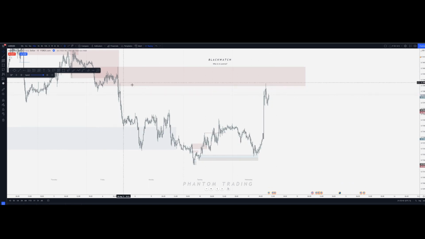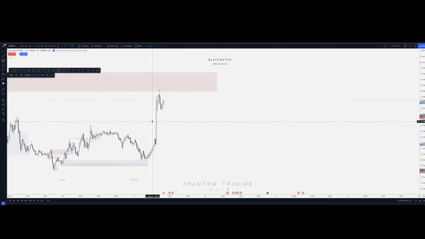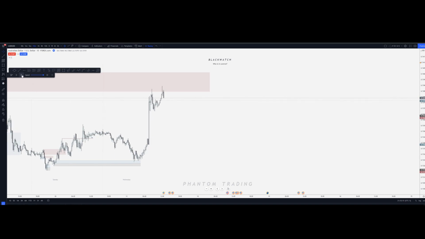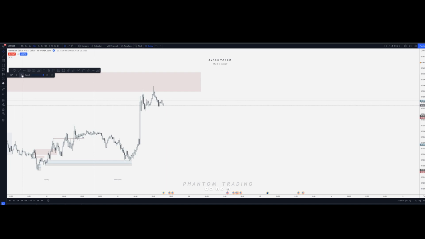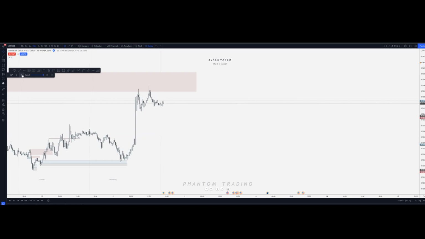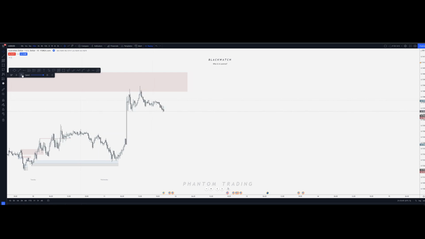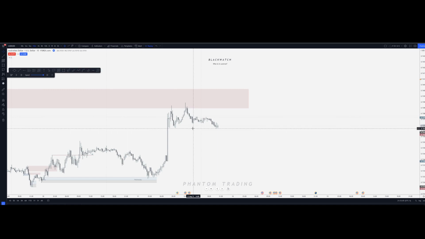Price has pushed up into this zone, right? So this is part of that supply chain that we built out earlier. Let's see if I can. Right, price takes out that high. Now for me, my POI would be this one.